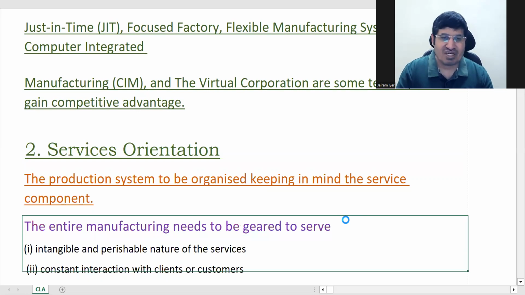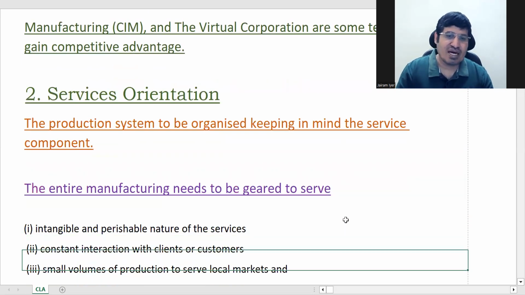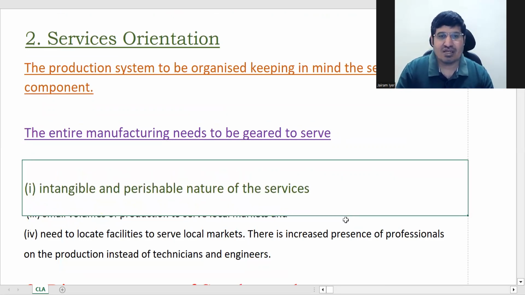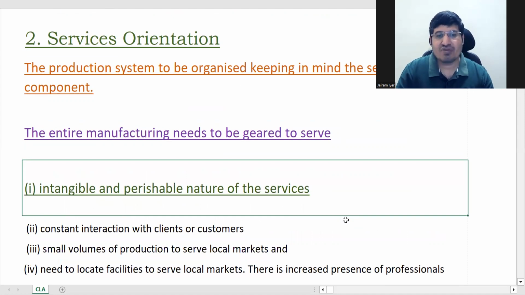So the entire manufacturing needs to be geared to serve the intangible and perishable nature of services. You have to make sure that whatever you are manufacturing and giving, the customer demand is perishable.